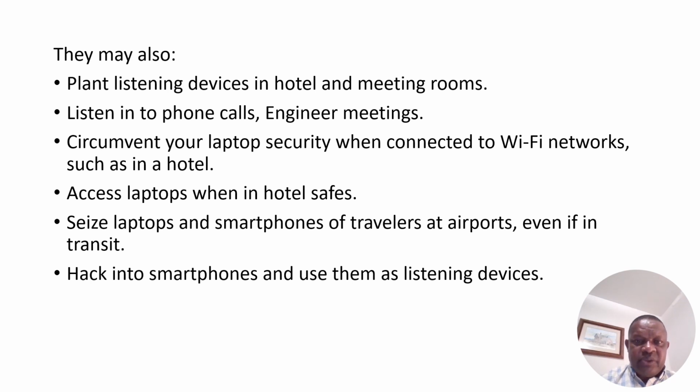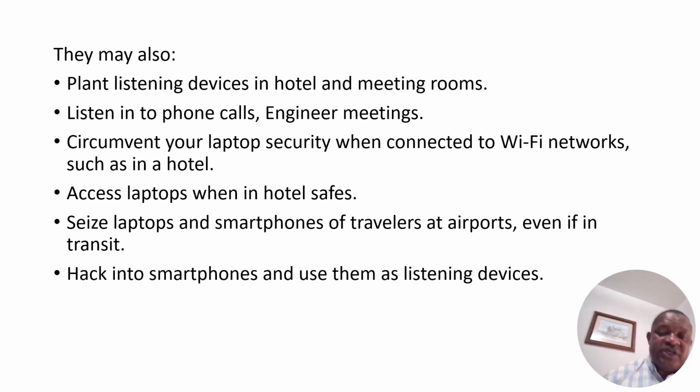Access laptops when in cabs. Then seize laptops and smartphones of travelers at airports, even if in transit. Then hack into smartphones and use them as listening devices. These are some of the tactics used by foreign intelligence services to gather information.